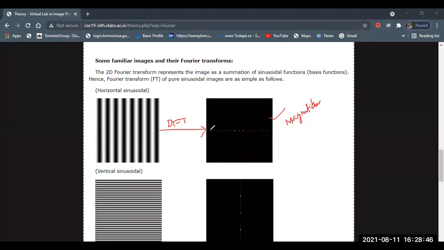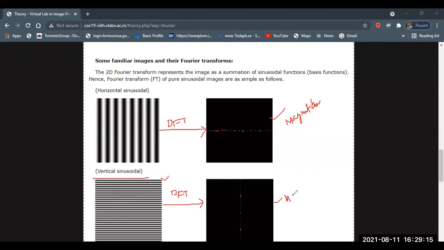This single dotted line is basically your source, that is, your pure basic sinusoidal image. Similarly, this is my vertical sinusoidal image, and when I convert it using the DFT, I get this one again.